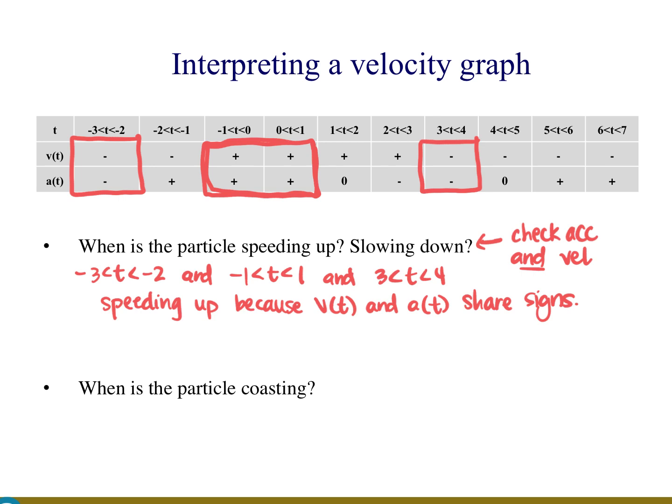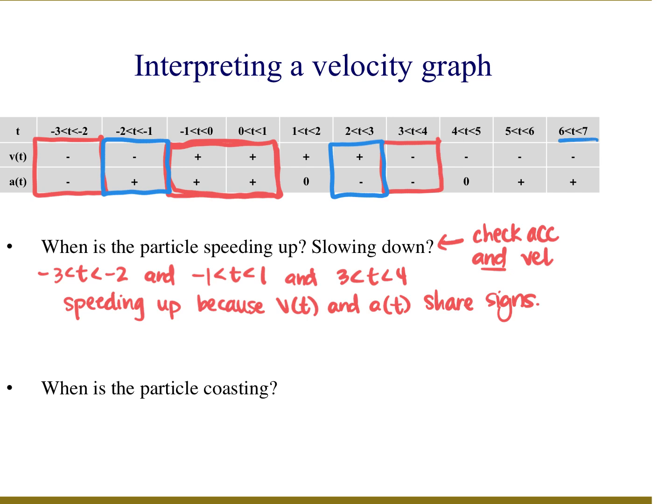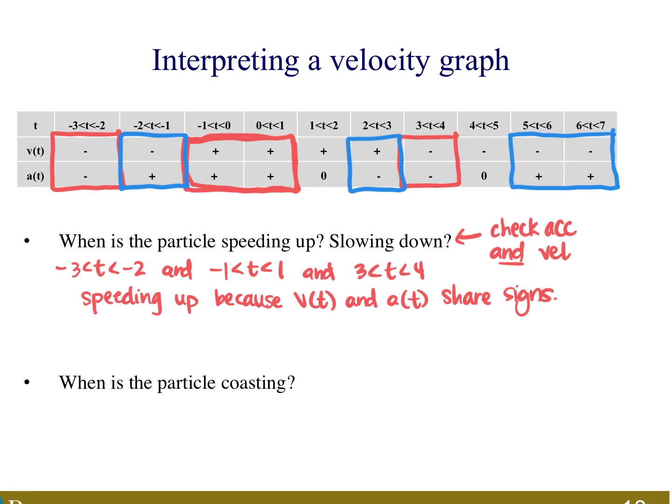Slowing down is going to be the times where the signs are opposite. So we're going to be slowing down in the interval where we have the combination of a plus and minus. Not a plus and a 0, but it's got to be a plus and a minus. That is going to be the sensation of slowing down because the forces of velocity and acceleration are working against each other. When the forces are working against each other, you're going to slow down. If the forces are working together, you're going to speed up.